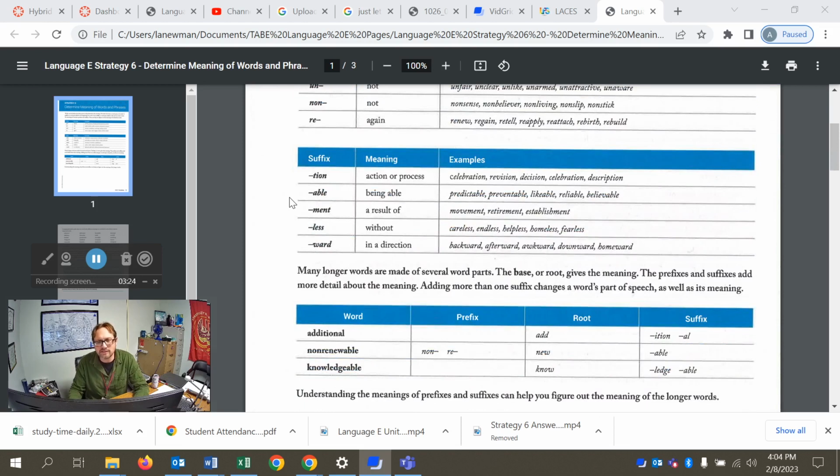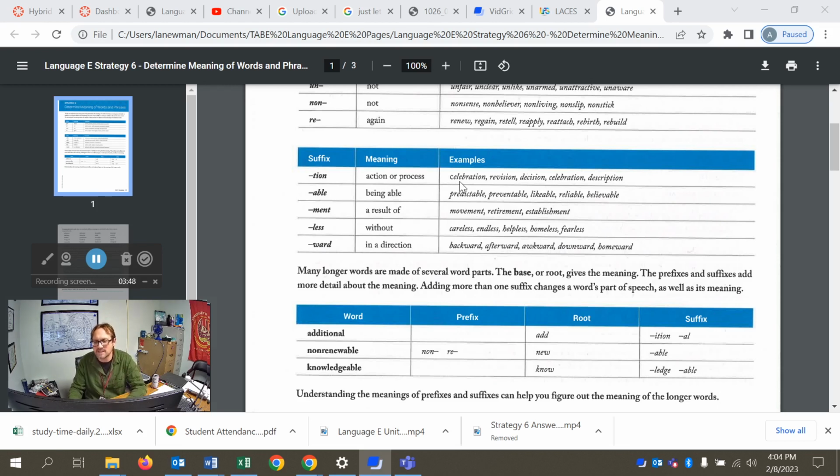Suffixes go on the end of words. I think that their meaning might be a little bit more abstract, to use a term that I talked about when I was explaining nouns. But I think that, for the most part, we understand what kind of word we have when we see these suffixes. So the first is tion, and it means action or process.